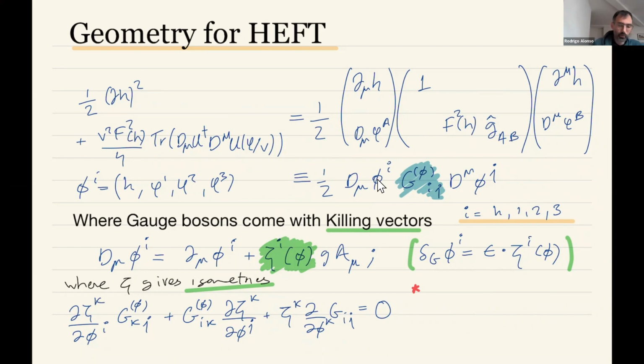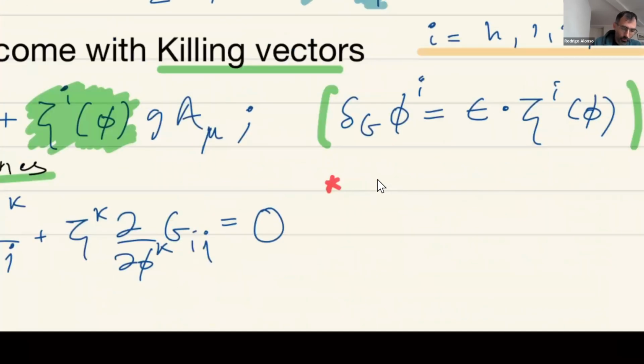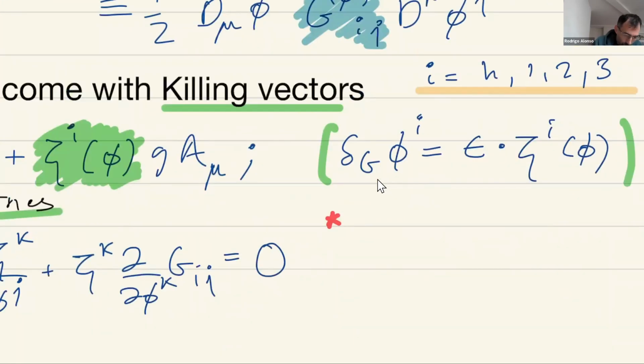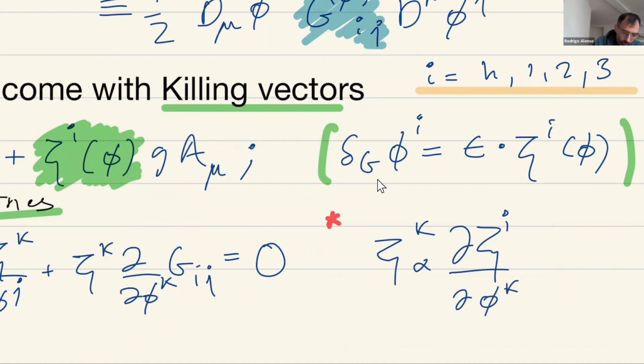And the key property you need for that, or the thing that you need to realize to see that that is true, is that these Killing vectors present a representation of the group because the derivative of one of these Killing vectors with respect to phi k with index alpha and beta that now run over the generators of your group.